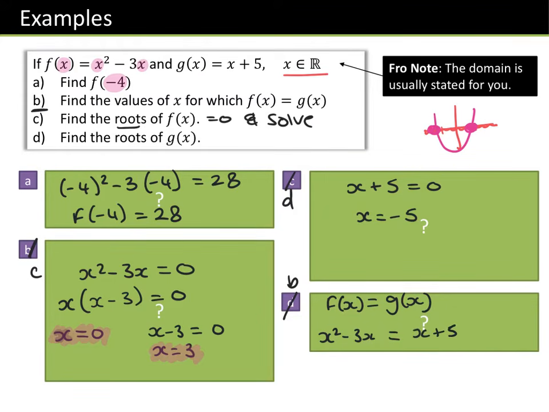I'm going to put everything on the left-hand side. X squared minus 3x minus x minus 5 equals 0. I'm going to solve this. Okay, so we're going to get x minus 5 and x plus 1 equals 0. Again, when are the brackets 0? When x equals 5 or x equals negative 1. Okay, we should be fairly happy with that from GCSEs.